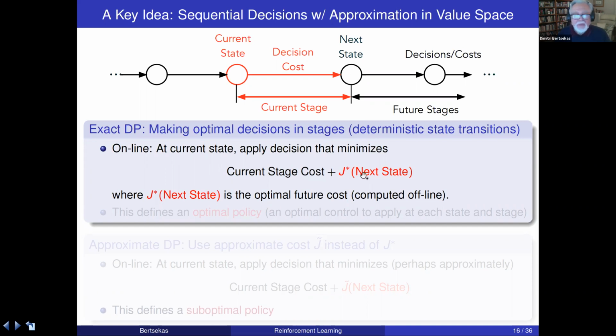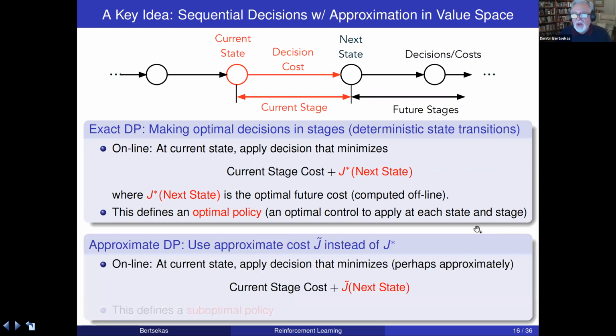It's a number, the optimal cost starting from some state. Now, this defines an optimal policy. If we knew this J star, then we could minimize this expression and provide an optimal control to apply in every state and every stage.